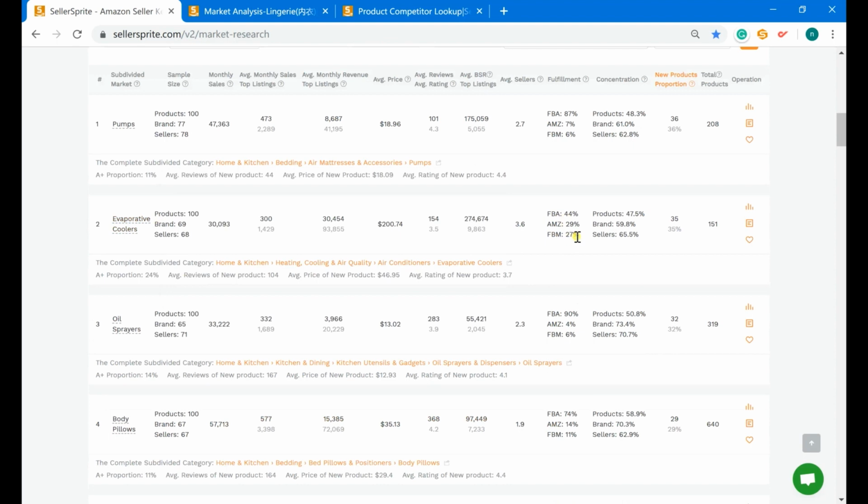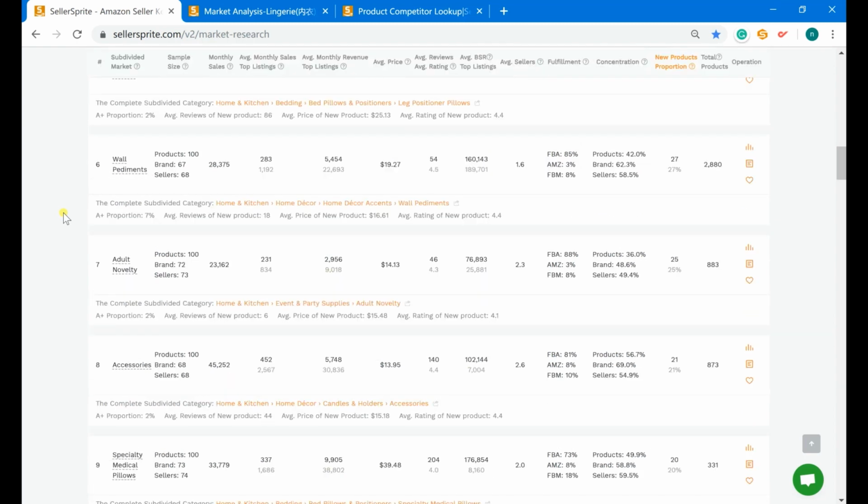Second, the average rating is less than 4 stars, which means a low customer satisfaction for this market. Sellers may be troubled with after-sales problems and the cost of returns. Third, sellers may have pressure on the cost of purchase and shipment because of the high unit price and the large dimensions.